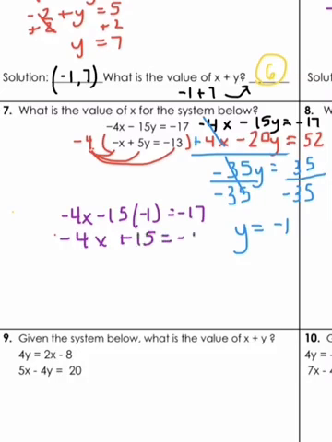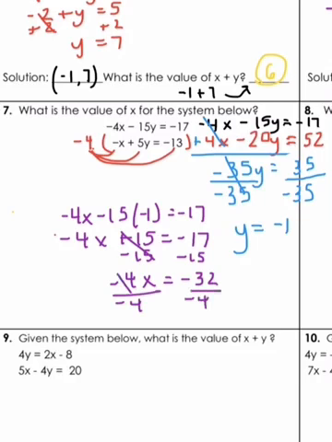Negative times negative is a positive. Negative 4x equals negative 32. We're going to divide both sides by negative 4, so x equals a positive 8.